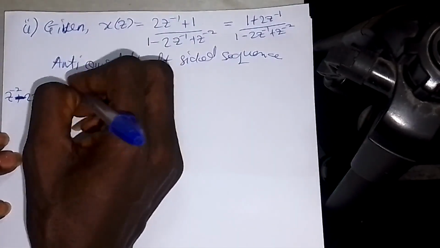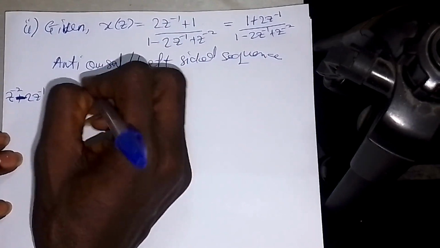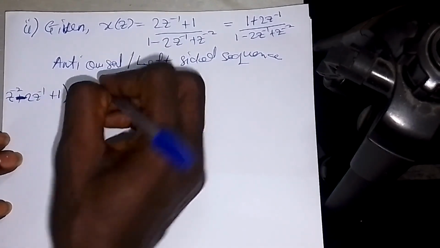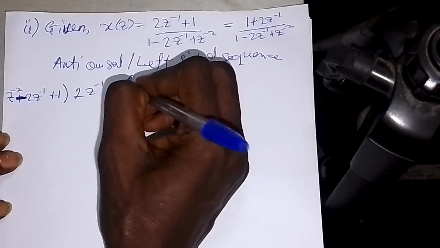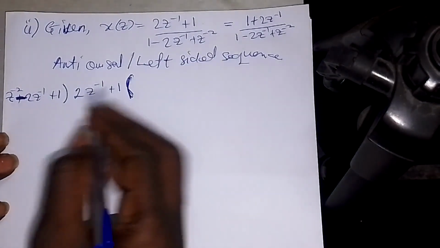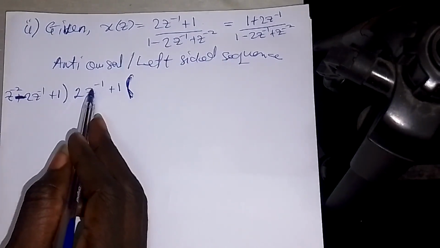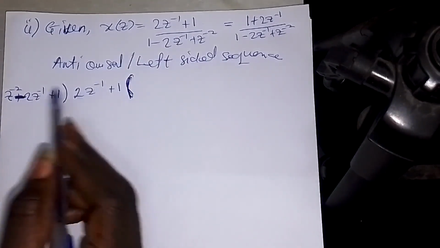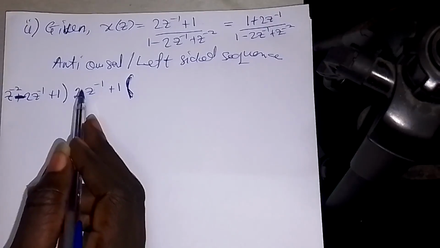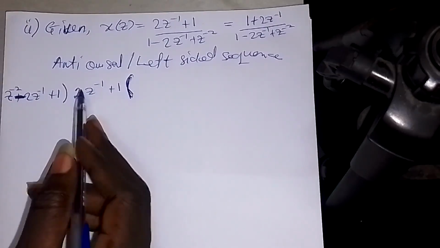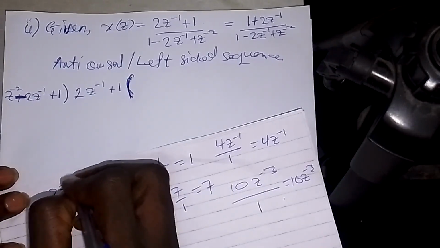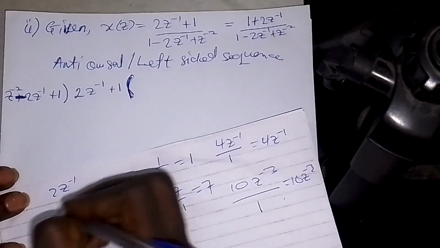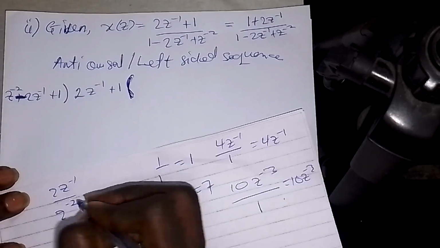So now I'll make it 2z inverse plus 1, and then I'll have my division here. Now, how many times can this one go here? To be able to know that, you can write 2z inverse here and then write z exponent minus 2 here.